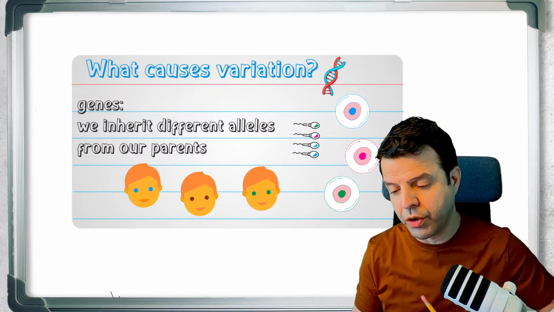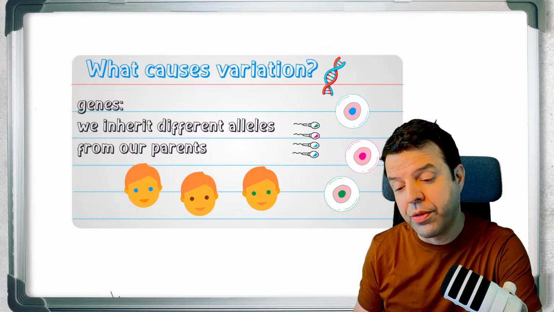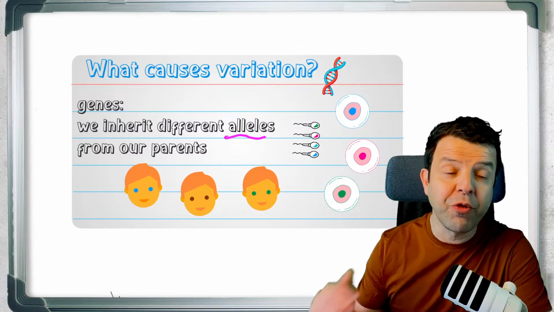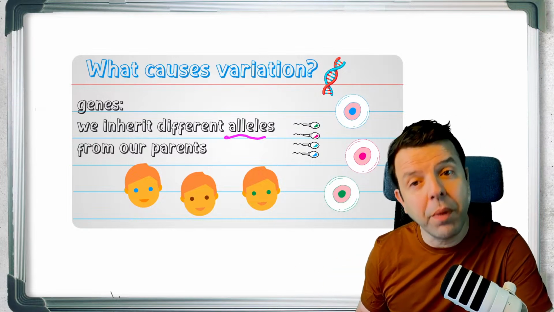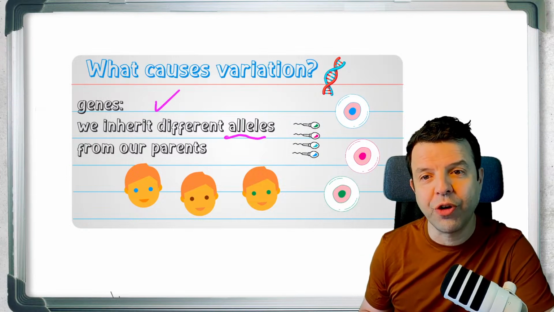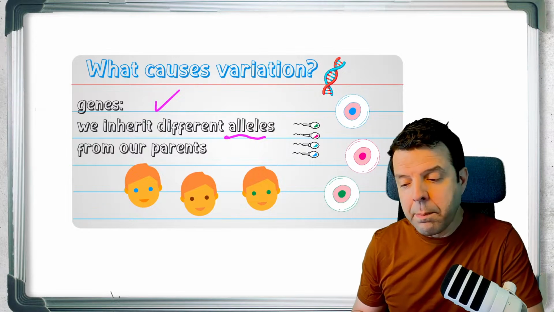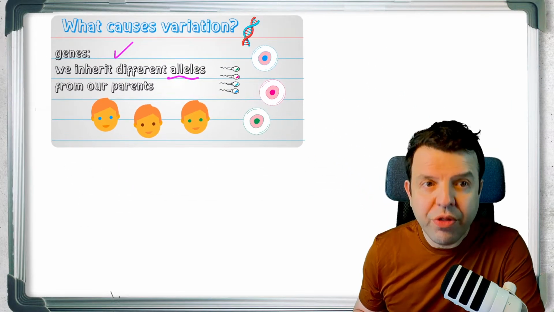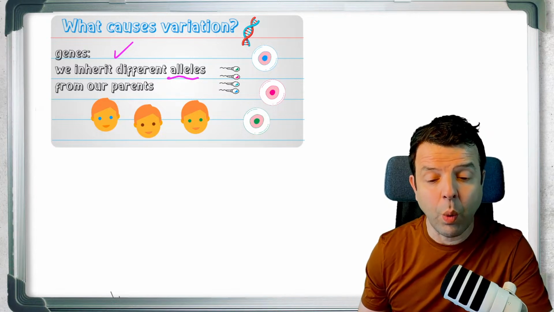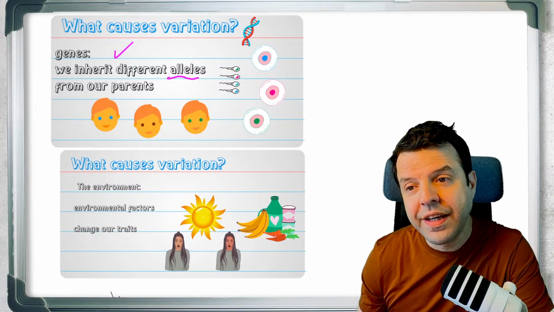So there are two main reasons here. One has to do with what we call the alleles. Those are the different versions of the genes that we receive from either parent. So that's one major source of variation, the DNA we receive from our parents. But there's also another thing that influences or changes the way we look, and that is the environment.